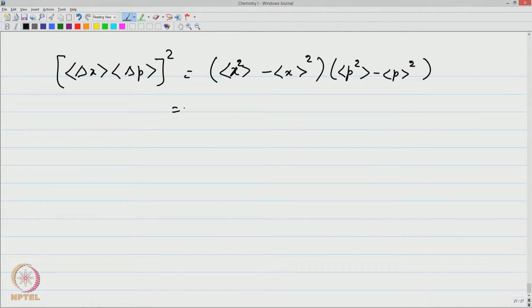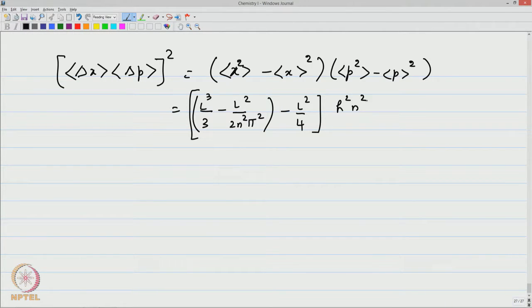This will be L cube by 3 minus L square by 2n square pi square that we calculated, and the x average square is minus L square by 4. So, this is the delta x squared, and the delta p squared is simply h square n square by 4 L square. Okay. So, the L goes away from all of this, and you remember it is 1 by 3 minus 1 by 2n square pi square.